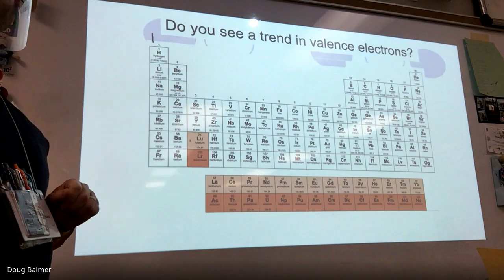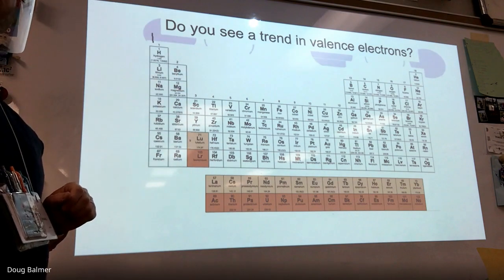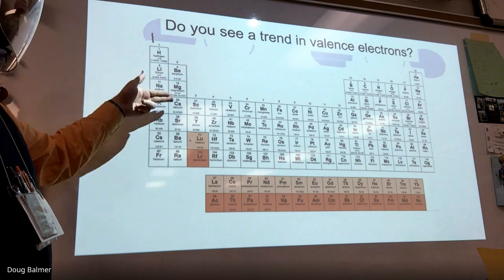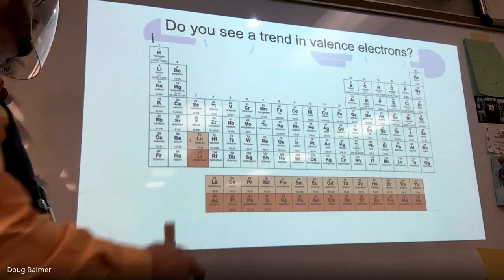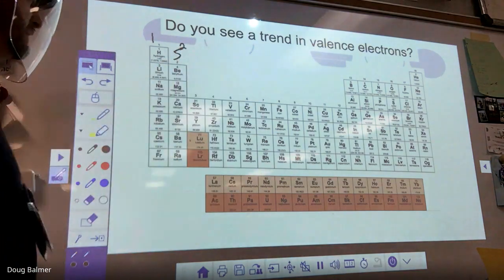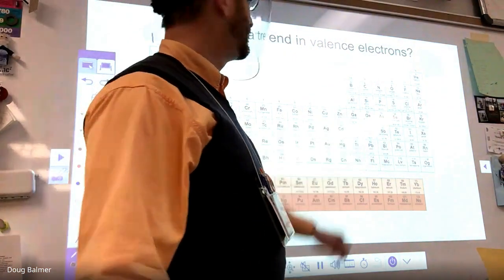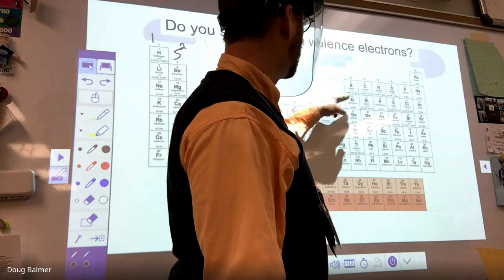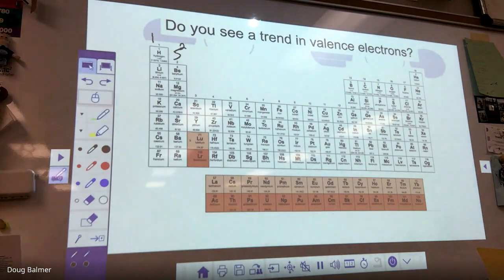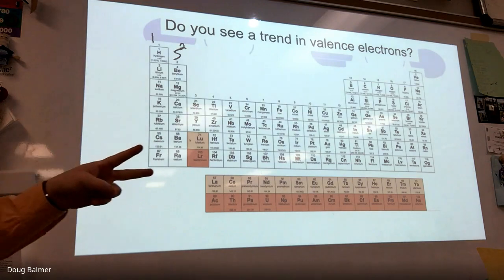Anything in column 2 would have how many valence electrons? 2. They're all like 2s2, 3s2, 4s2, 5s2, 7s2. They're all S2 configurations. Again, we're skipping the middle of the periodic table. Boron, aluminum, and gallium all had how many valence electrons? S2, P1.